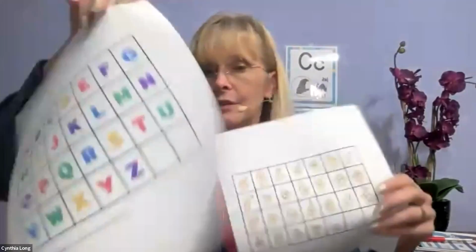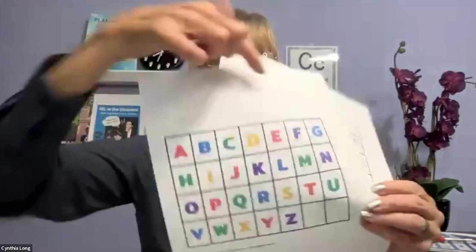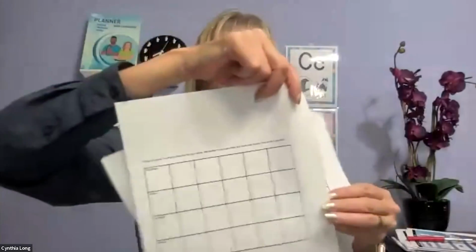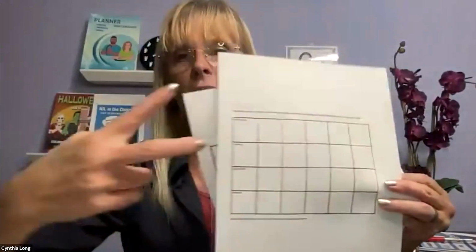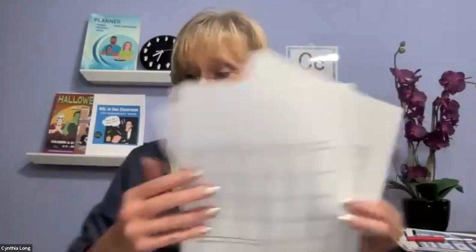We have two skin tones that you can use, so pick which matches the kid, and then use the letters. They can cut them out, or you can have them already cut, and they count how many letters are in their name and put them in here. Then you cut it out, and it's ready for a label.